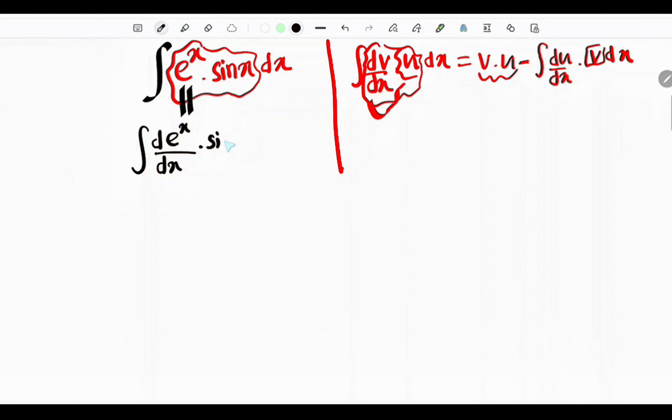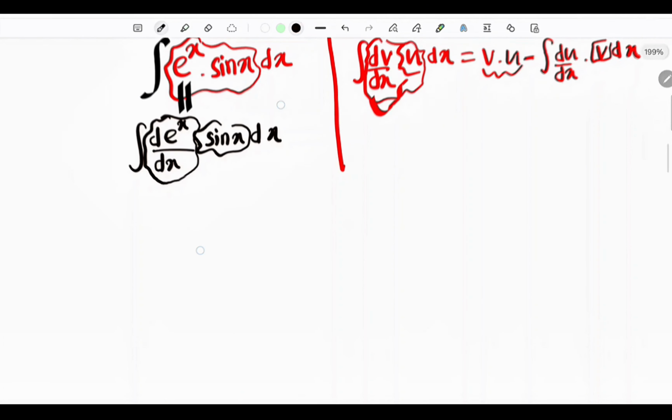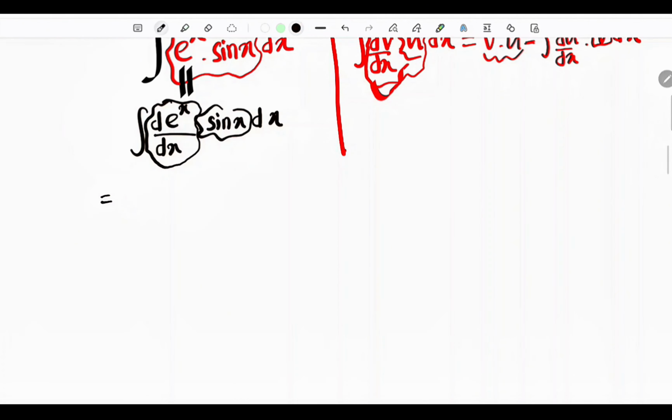And we can keep sin x out of the differentiation here. Now we have a multiplication, one is a differentiation, another one is just a function, and both of them have the same variable x, right?